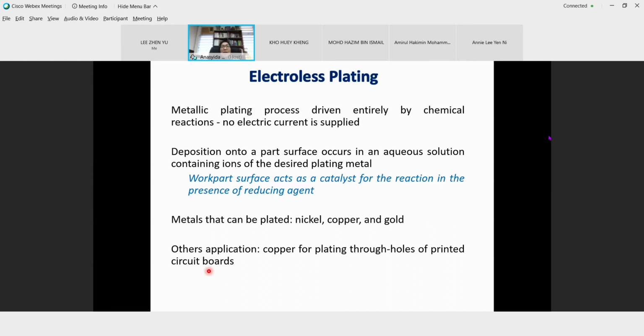So that's why we actually know each of the compounds that they are putting in that solution. Okay, so for example, we can also plate nickel, copper, gold, sama juga macam electroplating, but they will be more uniform. Electroless, because they're driven by the chemical reaction, not by the electrical energy.